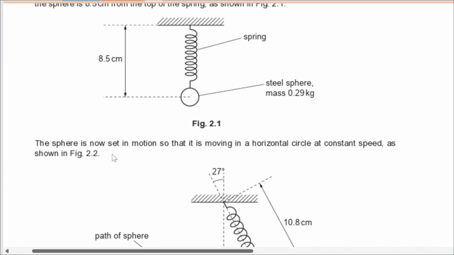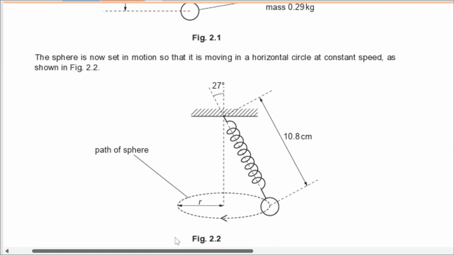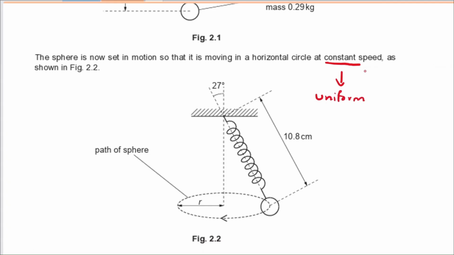Now the sphere is set in motion so that it's moving in a horizontal circle at a constant speed. So they are moving this sphere in circular motion over here. By the way, when they say constant speed, they are talking about something called uniform circular motion. And in most of your questions, you'll be doing uniform circular motion, which is the constant speed.